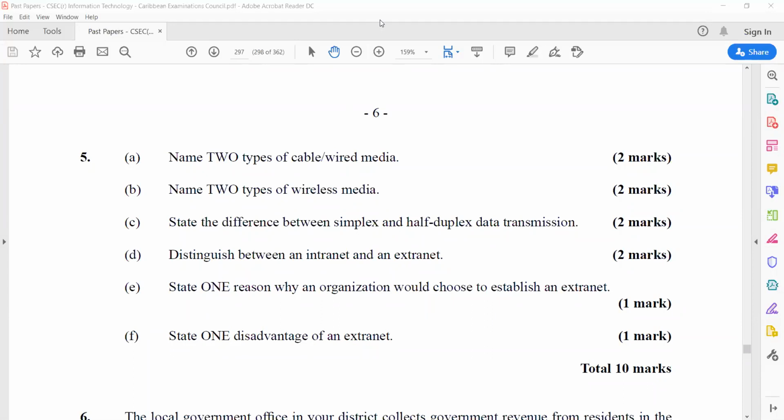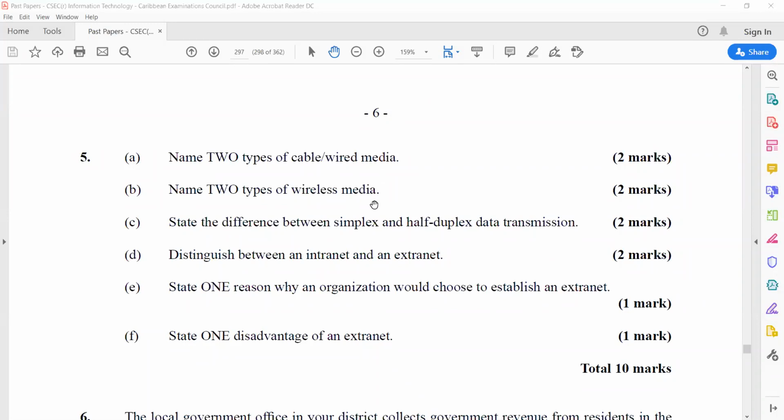Now, state the difference between simplex and half duplex data transmission. Simplex is data transmission one way only, and half duplex is two directions, one way at a time.